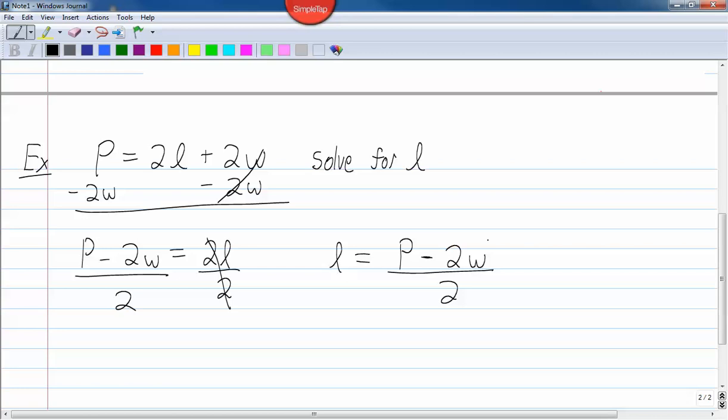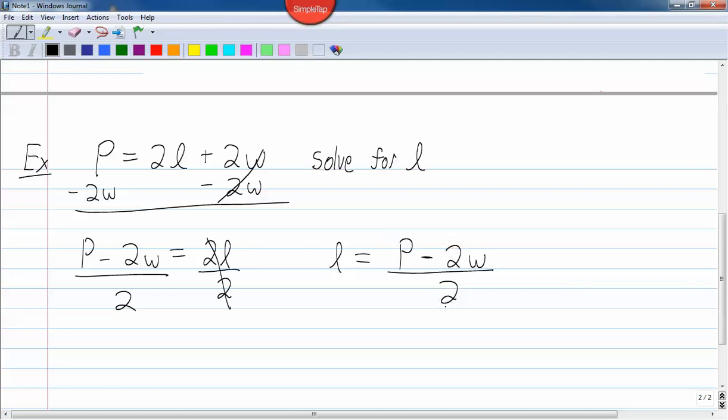Now, the unsure math student would try to do something like this. They would try to cancel that out. But it doesn't work unless you can simplify by what's in front here and here. So you can't just cancel that out. If there would have been a 2 in front of the P, then you could cancel out this 2 and this 2.